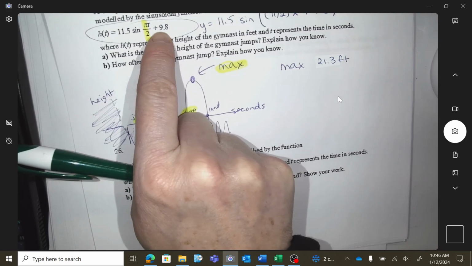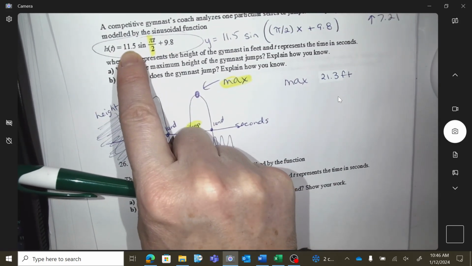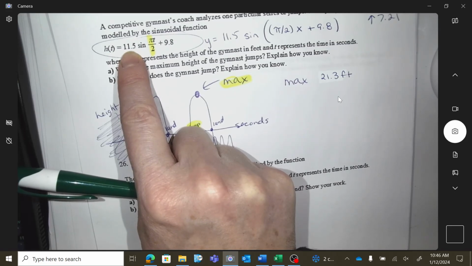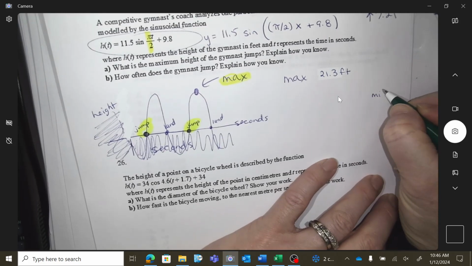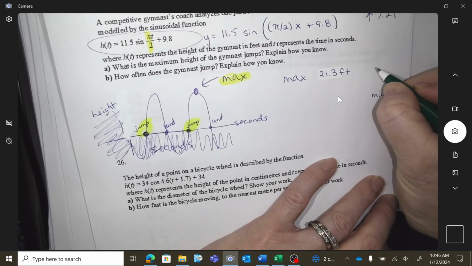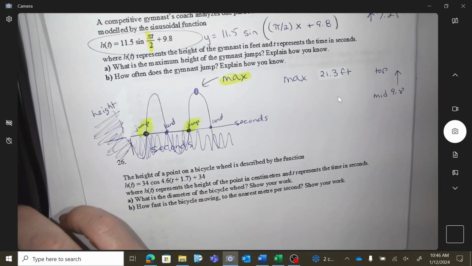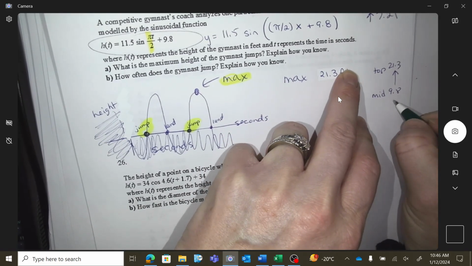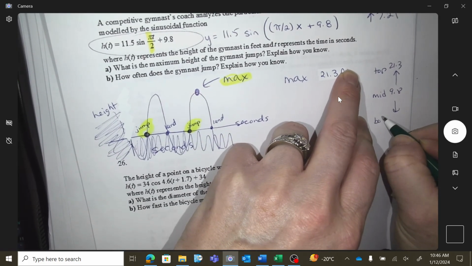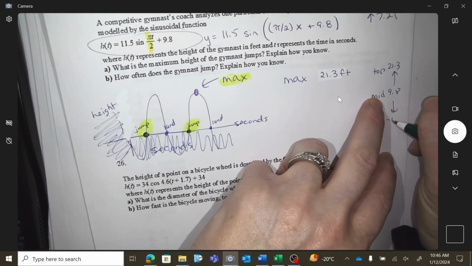But this is the middle. This is the middle, and then you're 11.5 feet on top of the middle to be your max. Remember, like that kind of stuff. The mid of this would be 9.8. The top would be, if I add 11.5. And then the bottom would be negative 1.7.